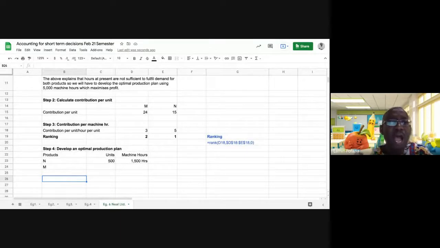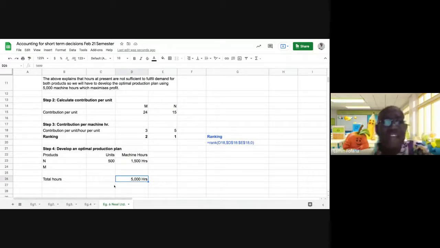So our optimal production plan will require a total of how many hours? 5,000, isn't it? Because that's what we have. So we can replicate that formula here also. So we have 5,000 hours.